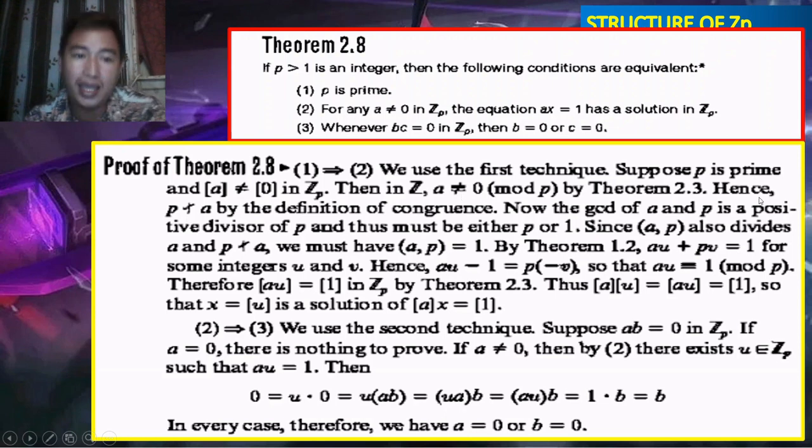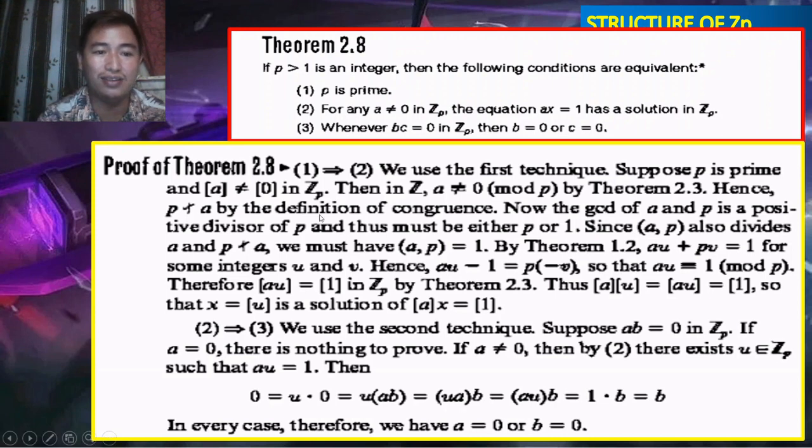Okay. So, hence, if A is not congruent to 0 mod P, then A minus 0 is not divisible by P. Or, A minus 0 is just A. Hence, P does not divide A, by definition of congruence.